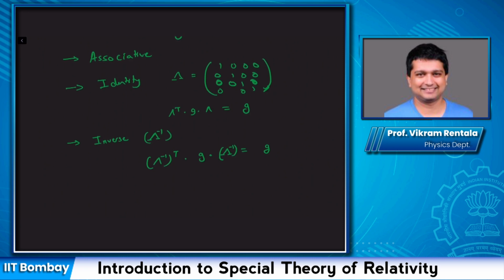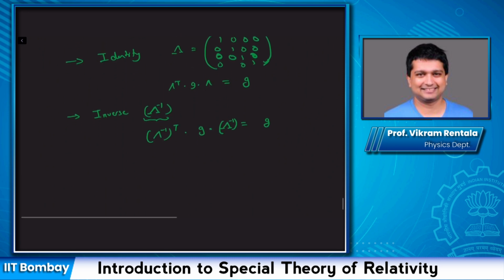Now, one thing that we should be clear about is this is the inverse with respect to the group operation, which is matrix multiplication. So in this case, the matrix lambda inverse would just be the inverse matrix of lambda. So the only thing that we need to check is the inverse matrix of lambda actually satisfies this equation. And that's easy to do.